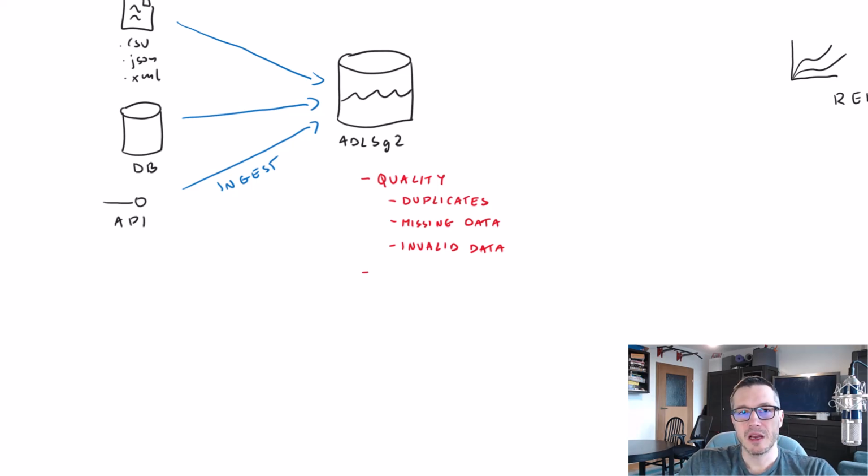Then, apart from quality related issues, you might have some technical issues. So let me write it down. Technical issues. So for example, please remember that when we are ingesting the data, we use a native format.